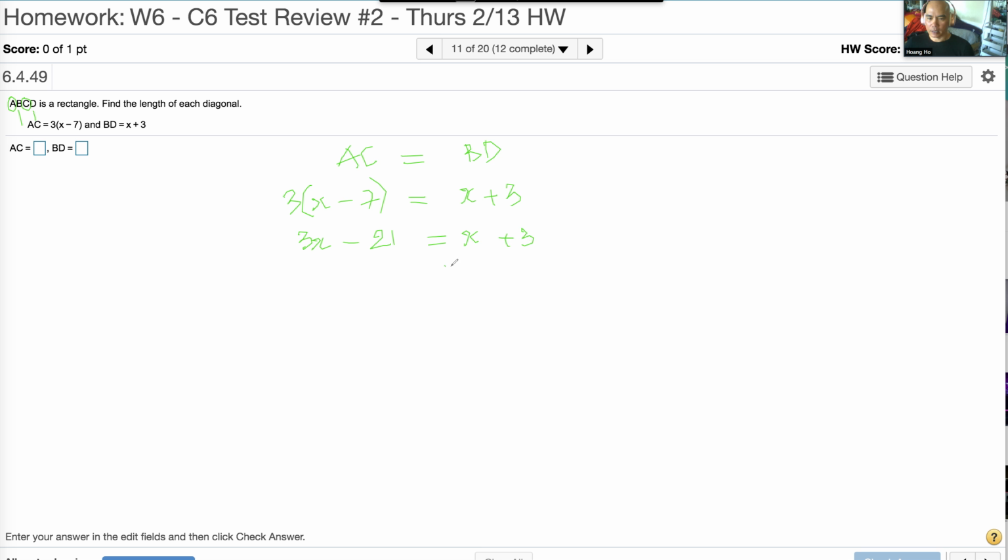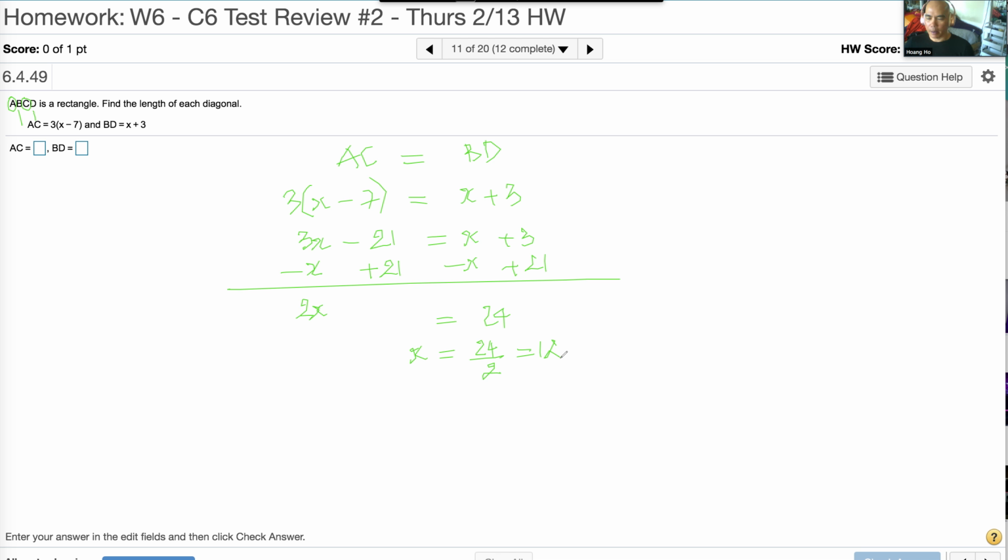Okay, so I subtract x on both sides. I come out with 2x. I need to solve for x, so I need to isolate x. So I don't want negative 21 here, so I add 21 on both sides. So I come out with 2x equals 24. So x equals 24 divided by 2, which is 12.